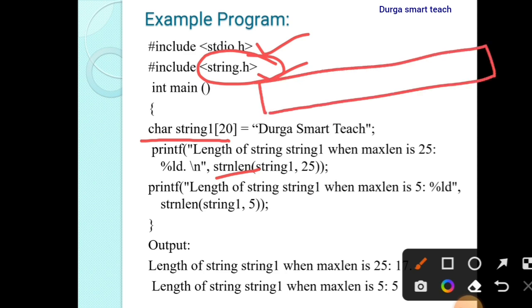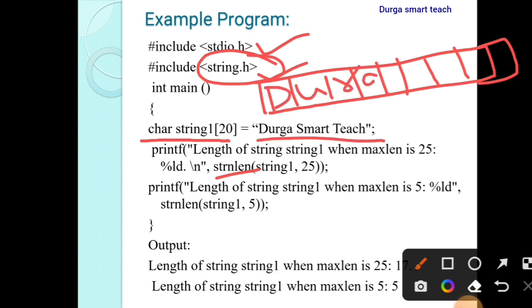Here the string is used to store elements in continuous memory locations. 20 memory locations are allocated and we are storing data in this way. Then printf: length of string1 when maximum length is 25.